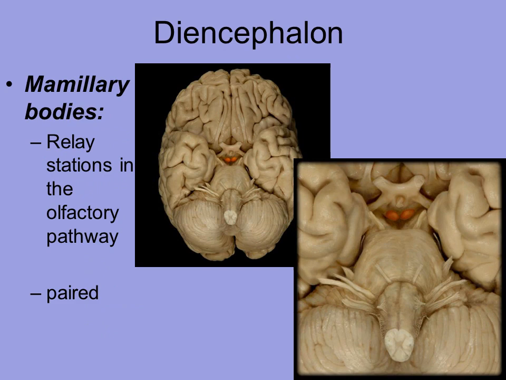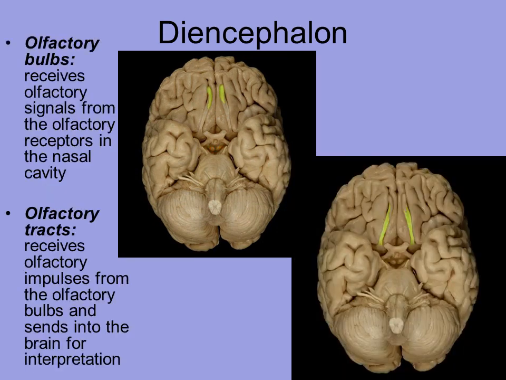The mammillary bodies, there's two of them, they are paired. They also act as relay stations with the olfactory, which is sense of smell. You also have, as you can see highlighted in the yellow, the olfactory bulbs as well as the olfactory tracts, which are receiving that stimulus and then sending it to the appropriate region of the brain for interpretation.